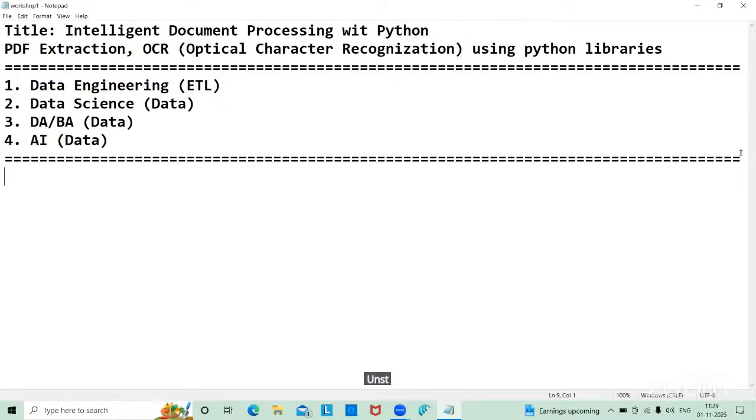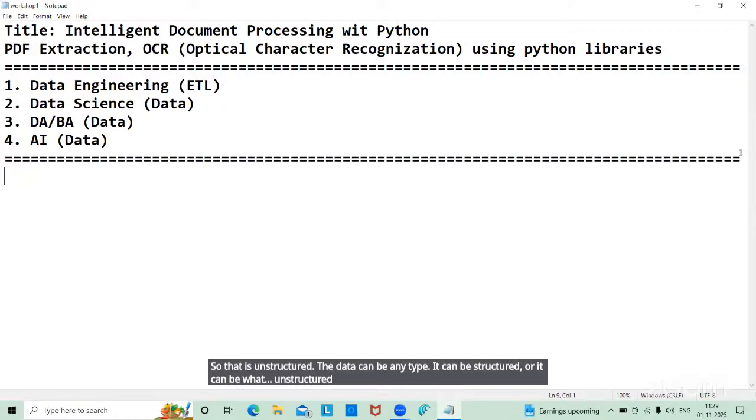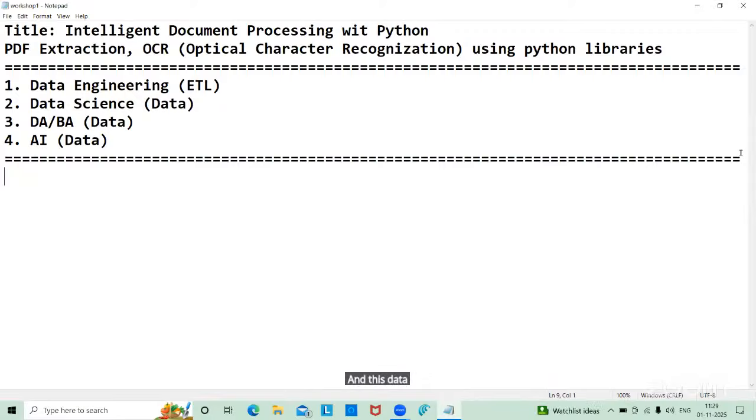Unstructured means the data is embedded in some text. So the data can be of any type, structured or unstructured. And you may get it from different source systems, either from websites or given by some companies.